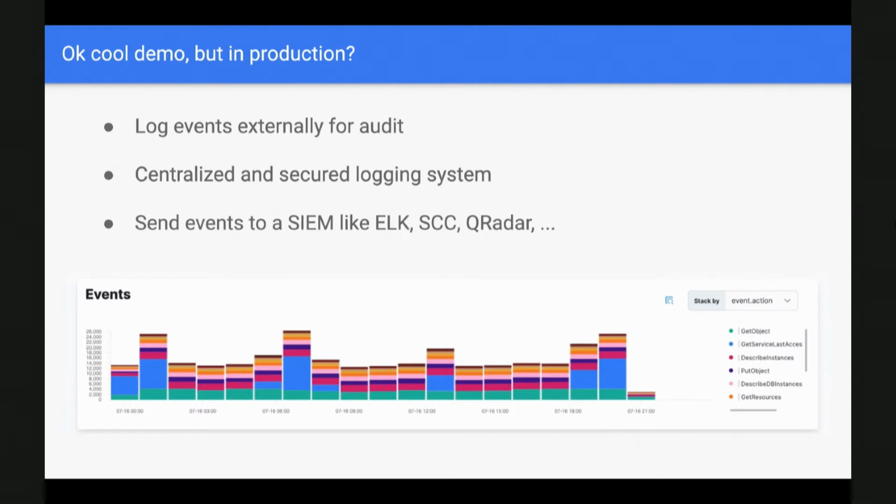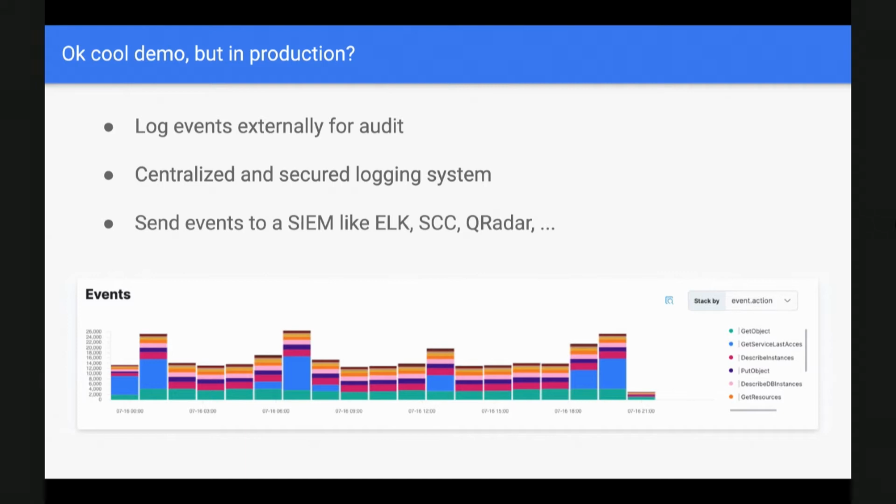But what about production? In production, you will want to externalize this log somewhere else, like a remote logging system, or syslog, for example, or a remote secure logging system with ELK in mind: Logstash, Kibana, whatever you want.